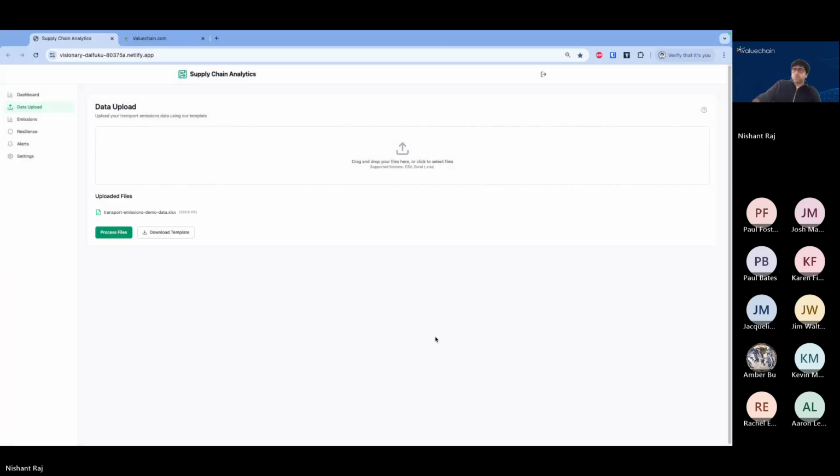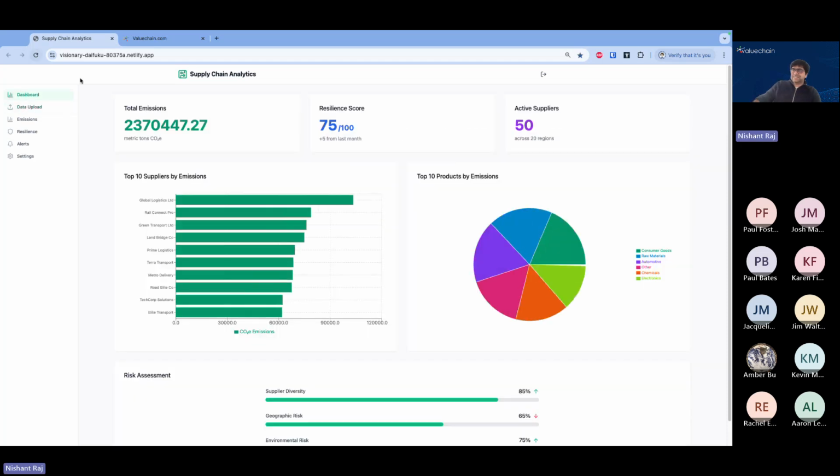So if we upload some basic data, what we start to see is data across the individual suppliers, the locations, the weight of the products, where they're being shipped from, and the destinations.